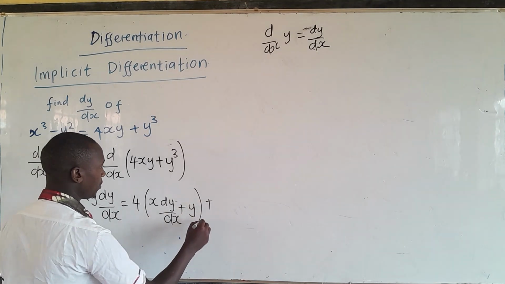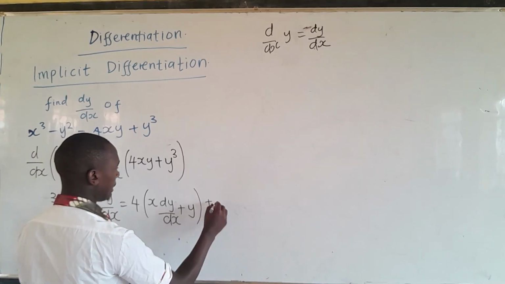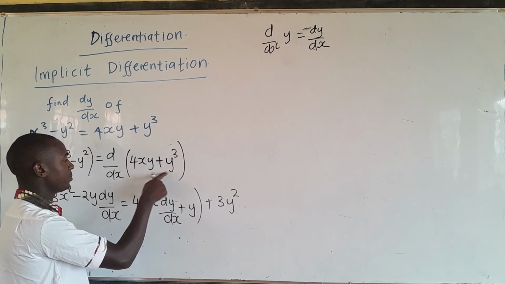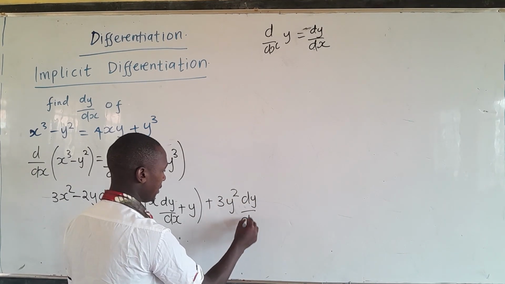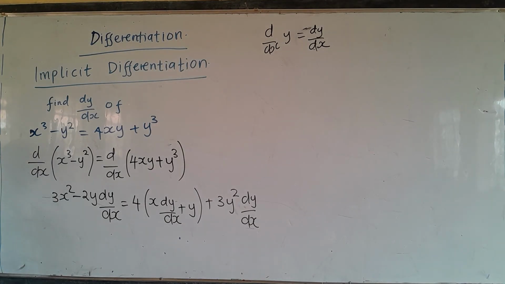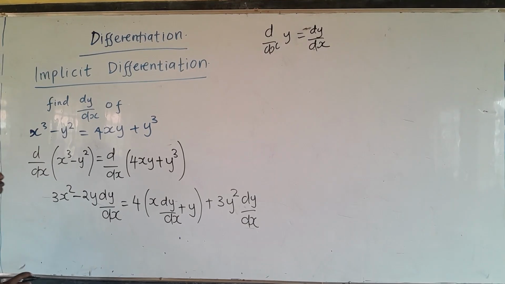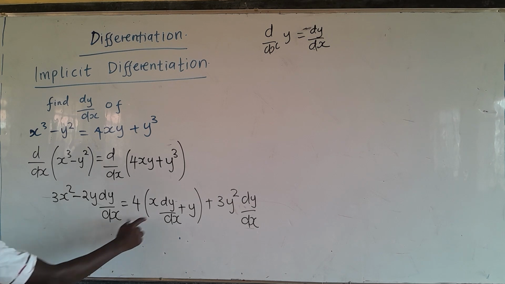And we add the derivative of this one, which is going to be 3y squared. But since it is with respect to x and this is y, then you're going to have dy/dx. So we have to identify those terms that have dy/dx, since we wanted to solve for dy/dx. First of all, let us simplify this here.